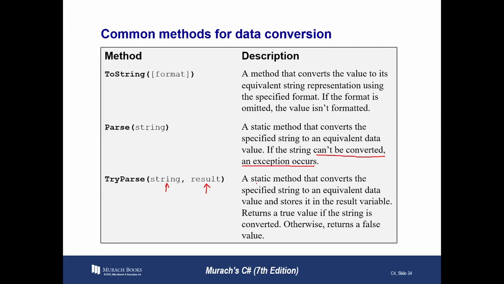This TryParse is a static method that converts the specified string to an equivalent data value and stores it in the result variable. So the conversion gets stored in the result variable, and it returns a true value if the string is converted. Otherwise, it returns a false value.